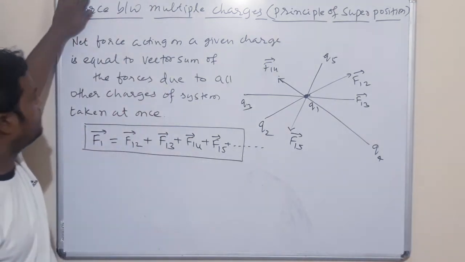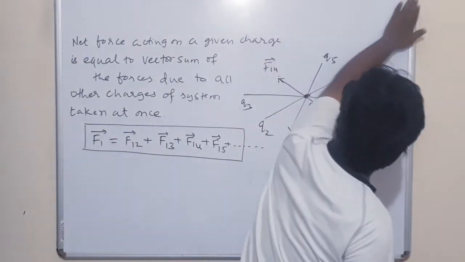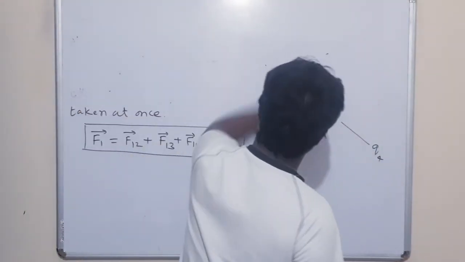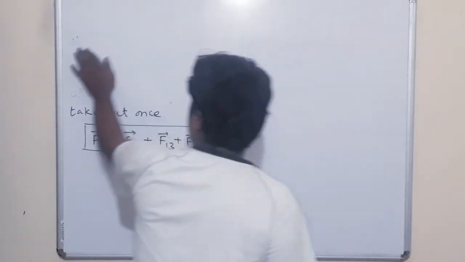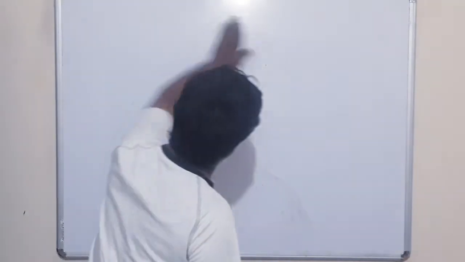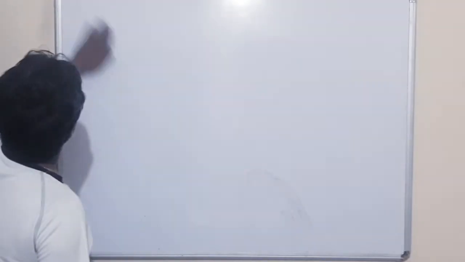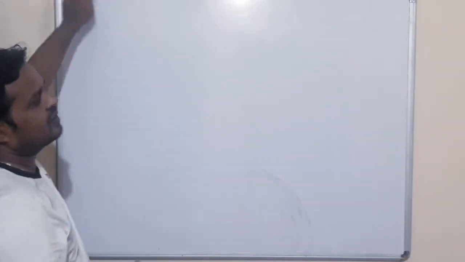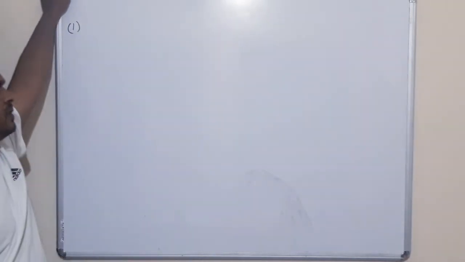Follow this. Okay. We will move on to examples. While calculating the vector sum, considering the angle between forces is very important. See, suppose we will come across some 2-3 types of triangle.